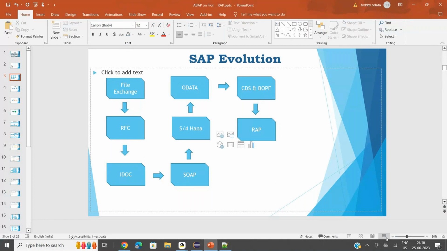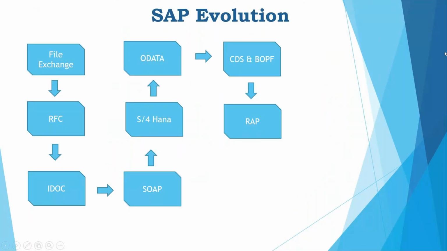Using CDS, we are able to consume the data from the database tables on top of the database layer, not on the application layer, so it gives better performance. CDS stands for Core Data Services. It is available in BOPF while retrieving the data, it is available in RAP also, and it is available in BTP also.